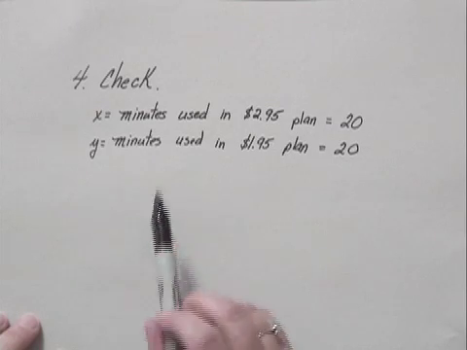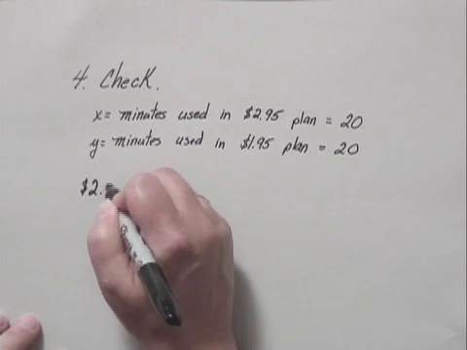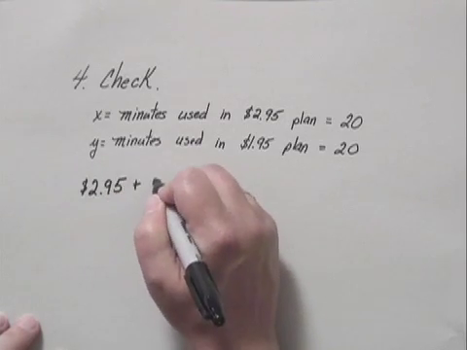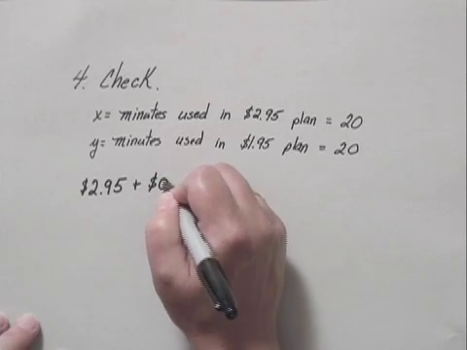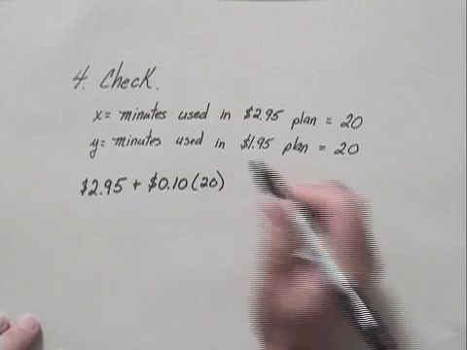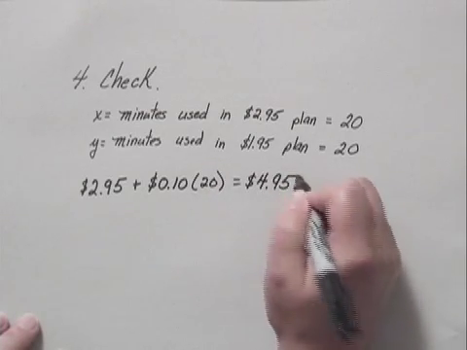For 20 minutes, the $2.95 plan would be $2.95 plus 10 cents a minute written in dollars is $0.10 times 20, and that would be $4.95.